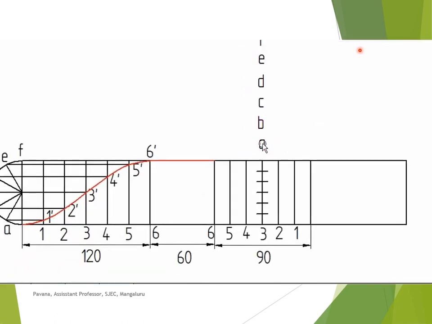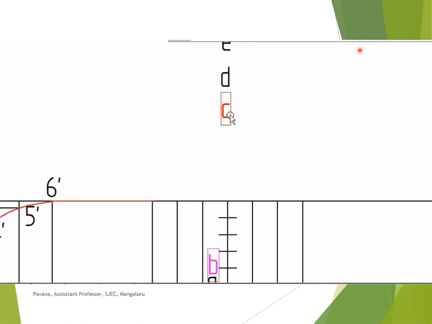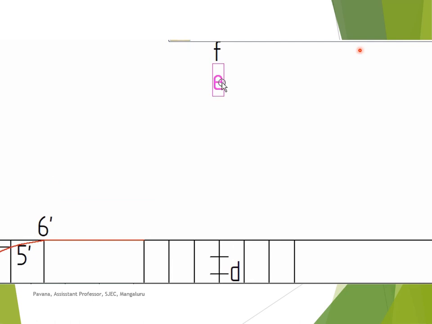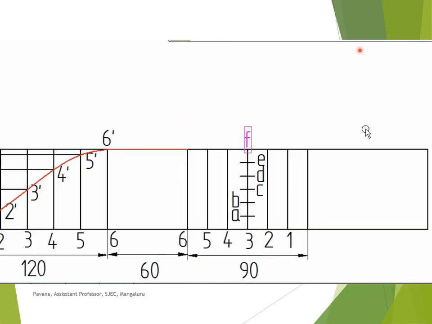So first point A, B, third one is C, D, E, and F. Okay, now after drawing this, you have to divide into two parts, top three parts, bottom three parts.